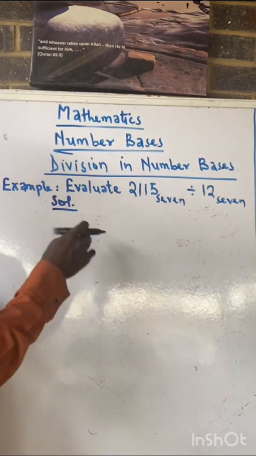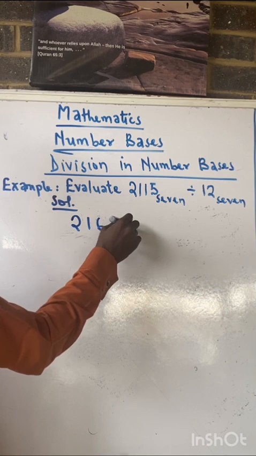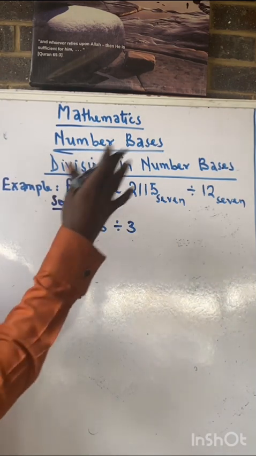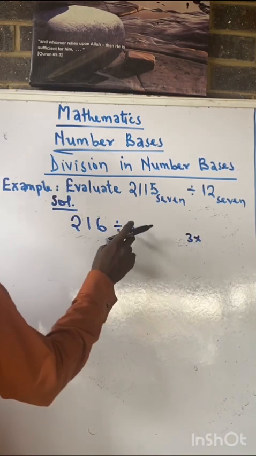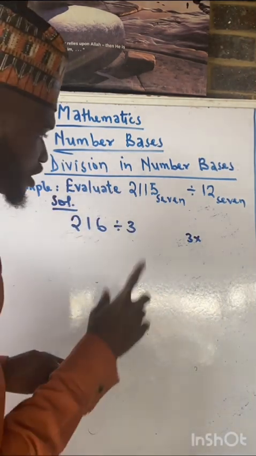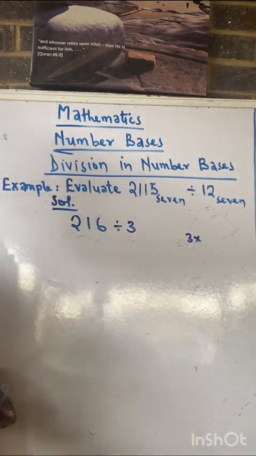Let's say you want to divide 216 by 3 in base 10. Normally, that primary school division is base 10. We need the 3 times table. If you are dividing by 2, you need the 2 times table. If you are dividing by 5, you need the 5 times table.